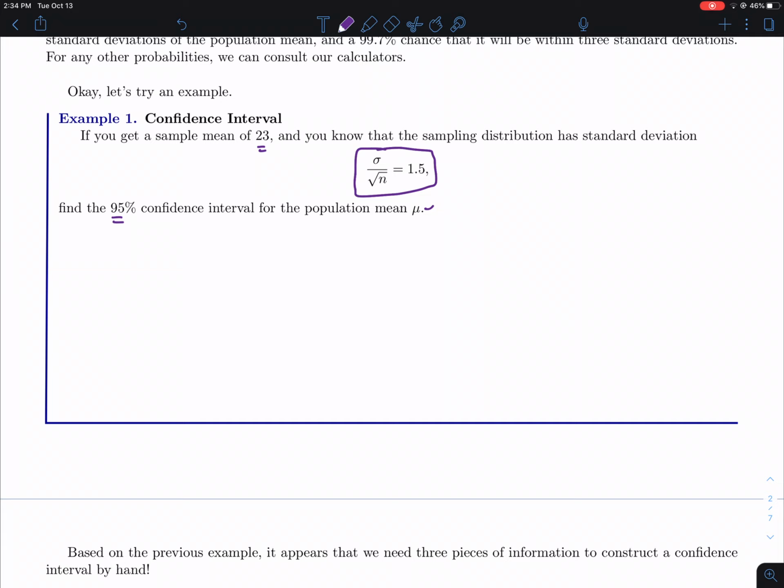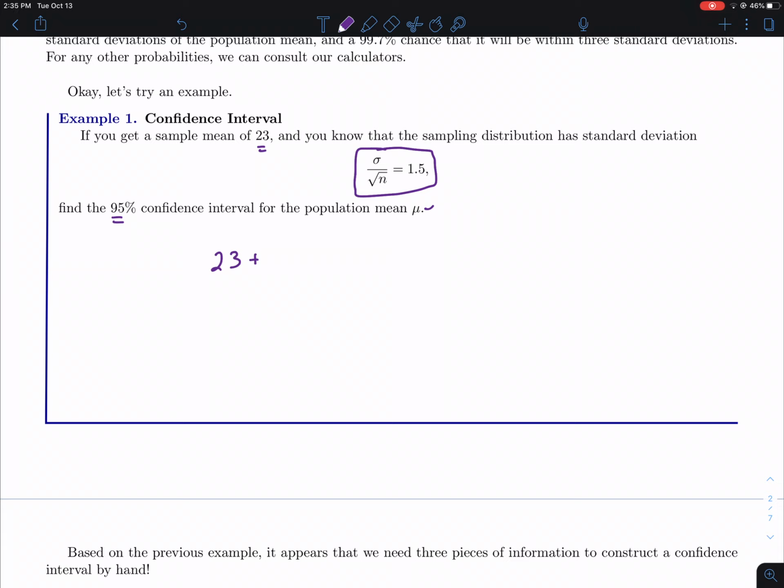What we're going to do to calculate this is the same thing as if we were doing z-scores and stuff like that. We want to start with our 23. It's always going to be in the middle. Then we add 2 times the standard deviation to that value.